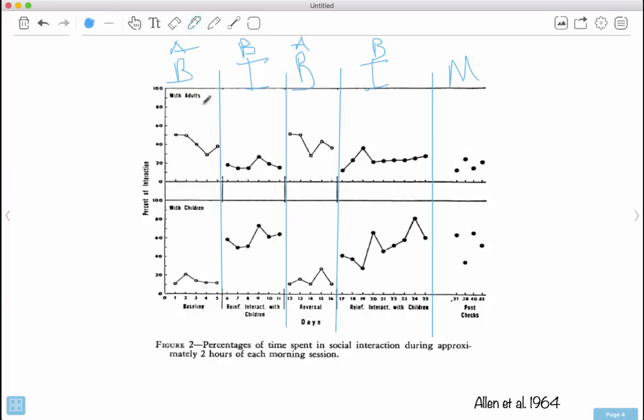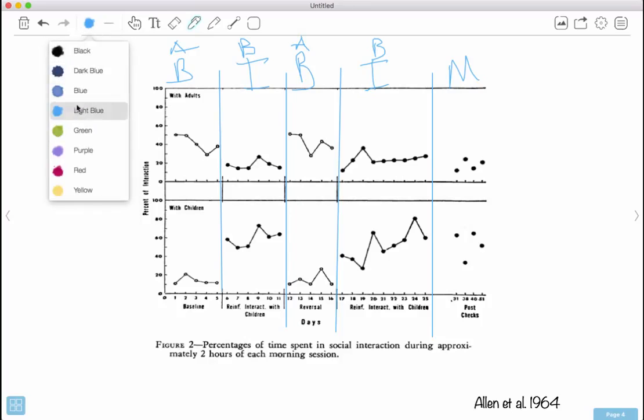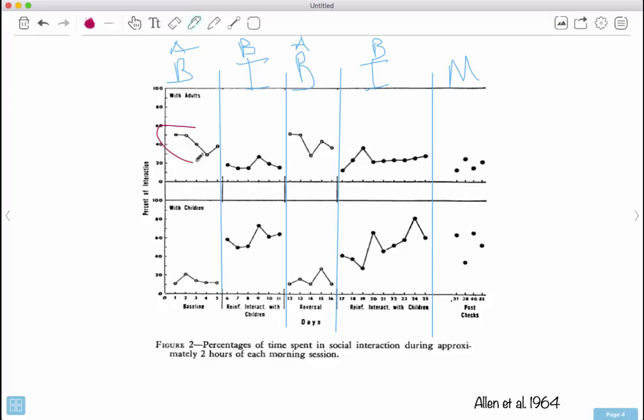So we see here, it may be a little bit confusing, but what we're looking at is the folks in this study wanted to change the students' behaviors so that they interacted more with children than they did with adults. And so if we look at baseline, initially the percent of interaction that these students initially had was greater with adults than it was with children.